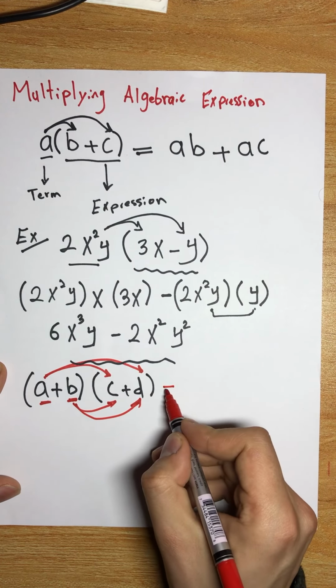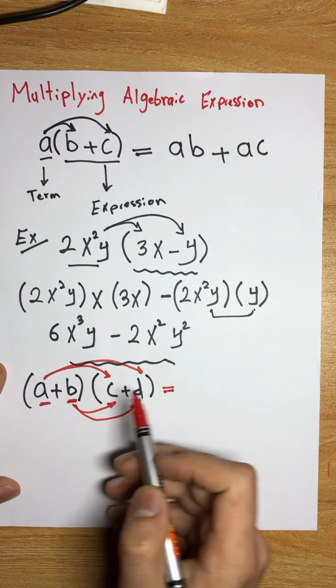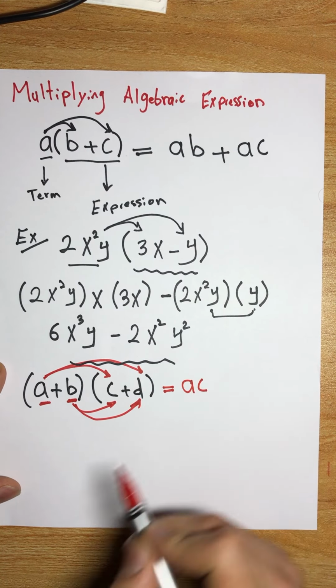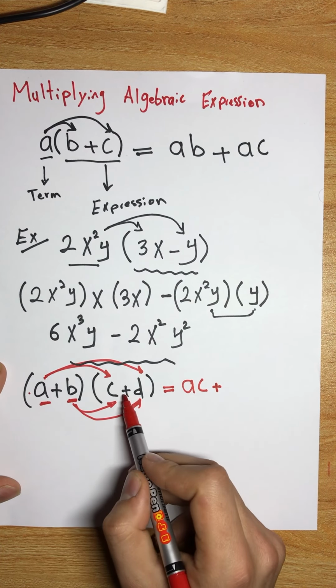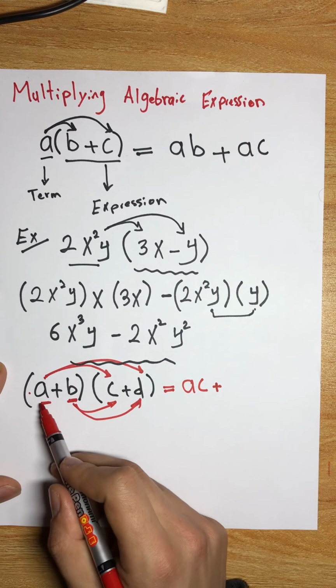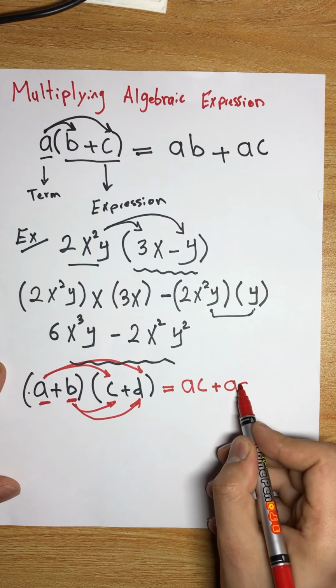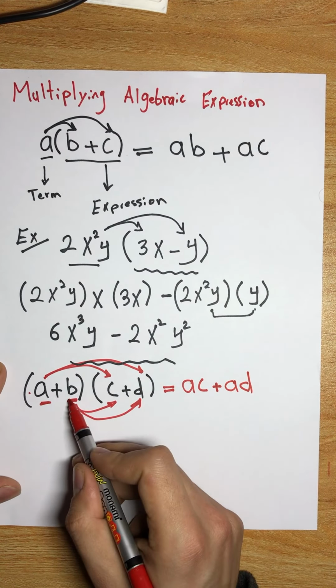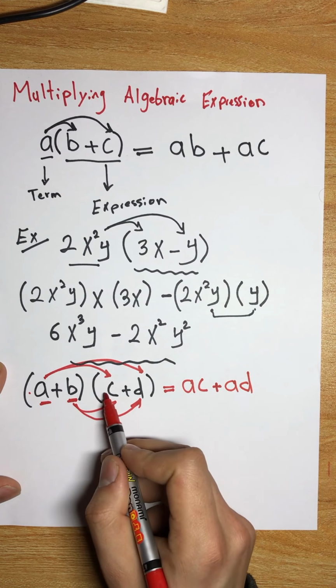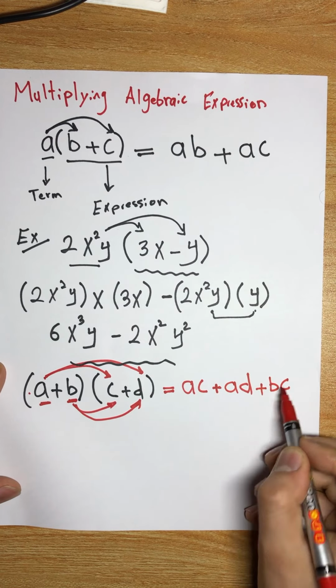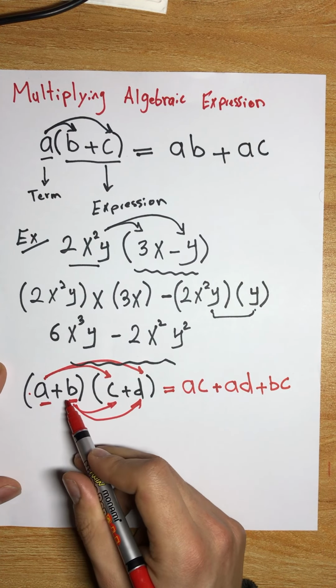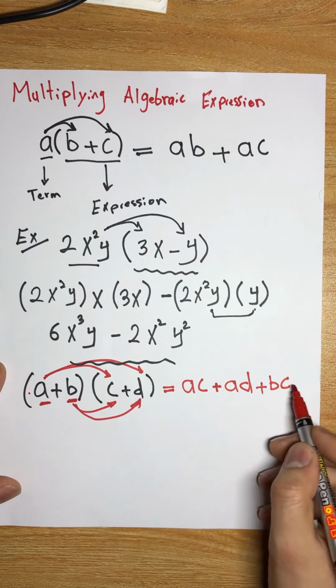So the answer is equal to a times c is ac, and then positive a and positive d, so the sign is positive. a times d is ad. Then we have positive b times positive c, so plus bc, and then plus bd.